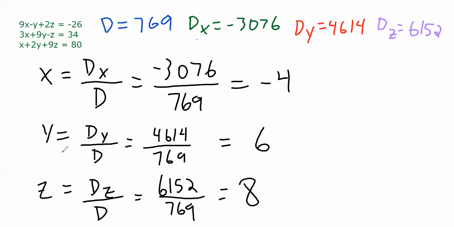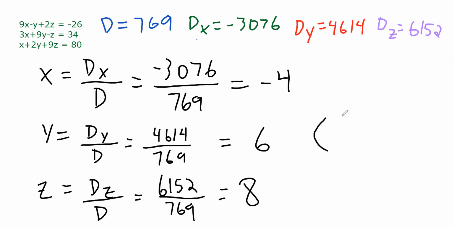So even though all the determinant work was very complicated, we ended up getting our solution set as an x value of negative 4, a y value of 6, a z value of 8. And that's the solution to this 3x3 system.